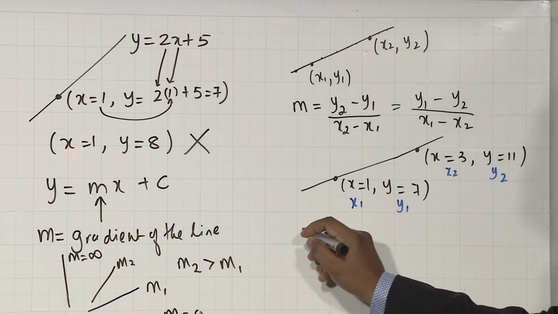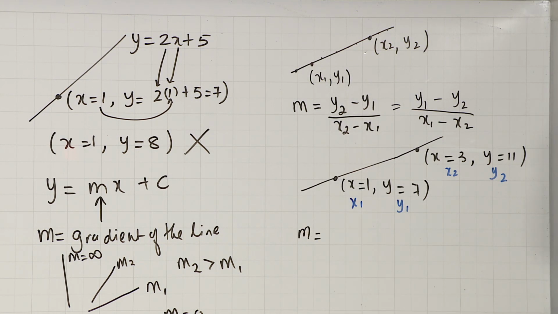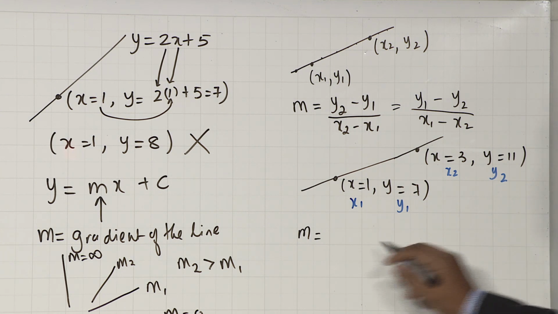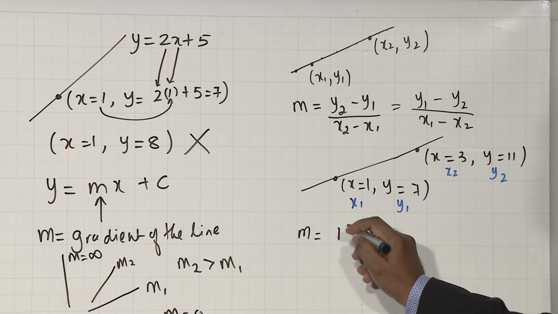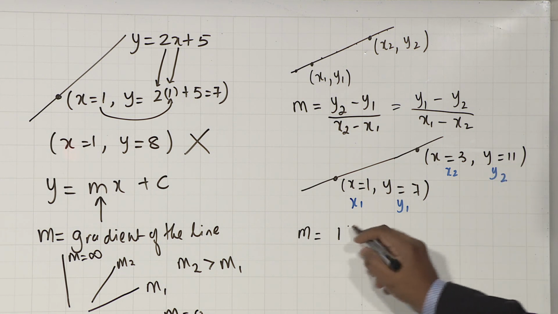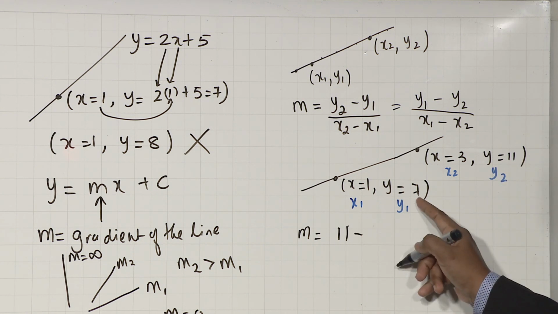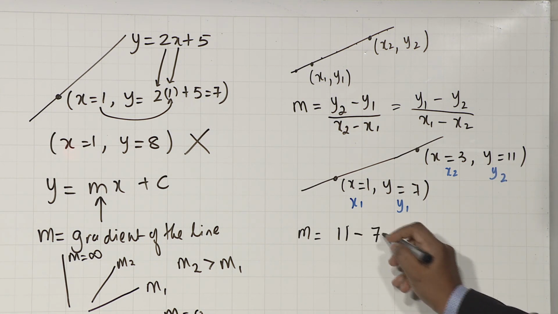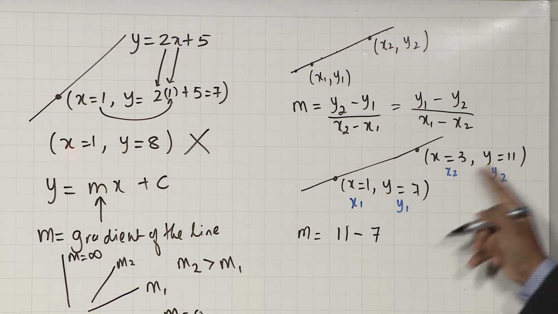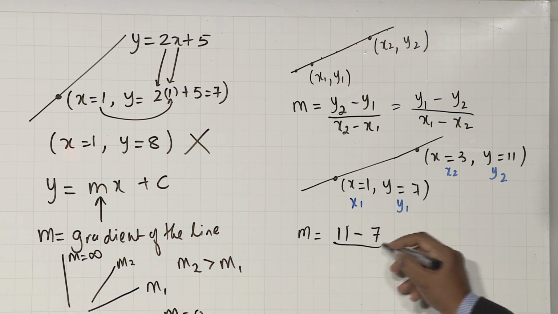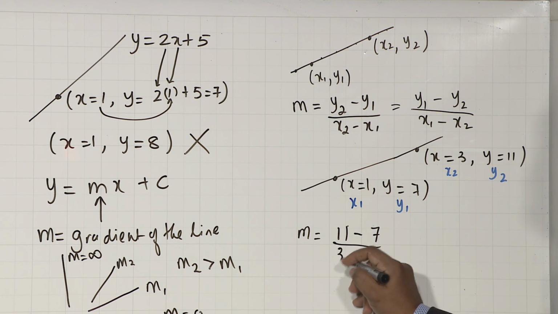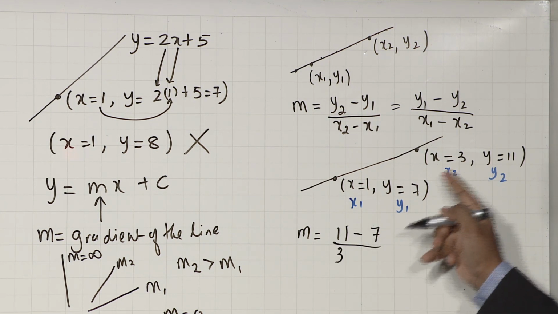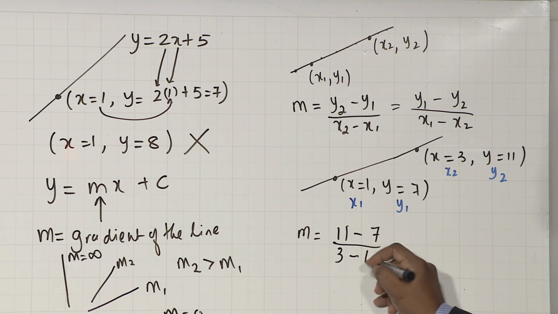So, what is the gradient here? The gradient will be y2, 11, minus y1, 7, divided by x2, 3, minus x1, 1.